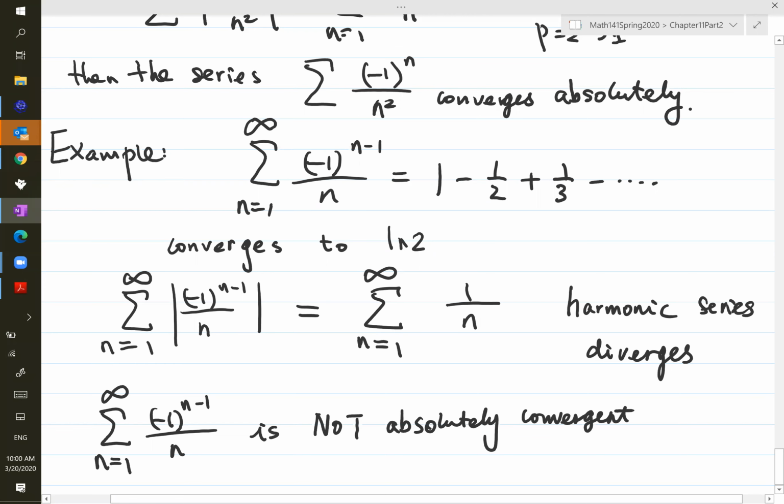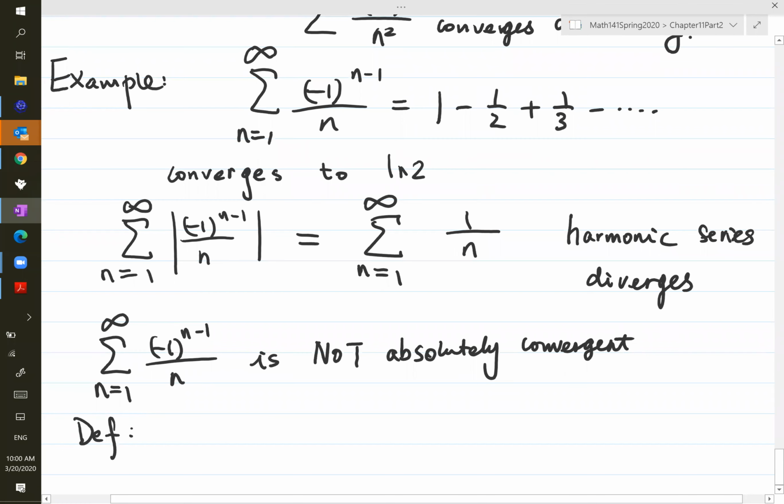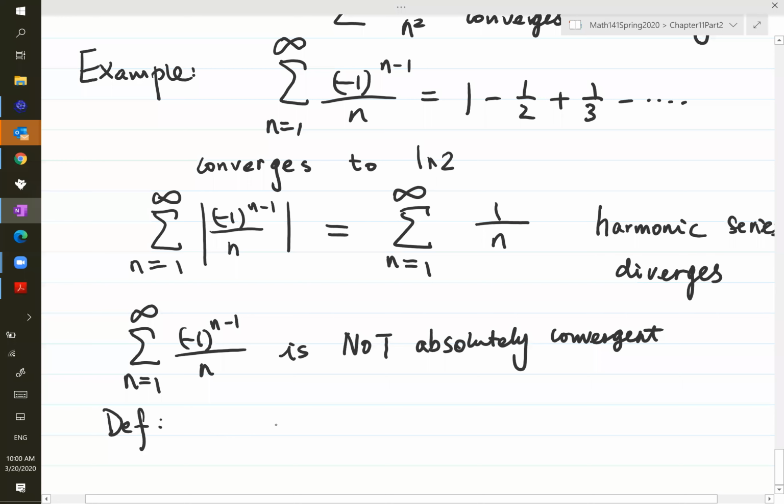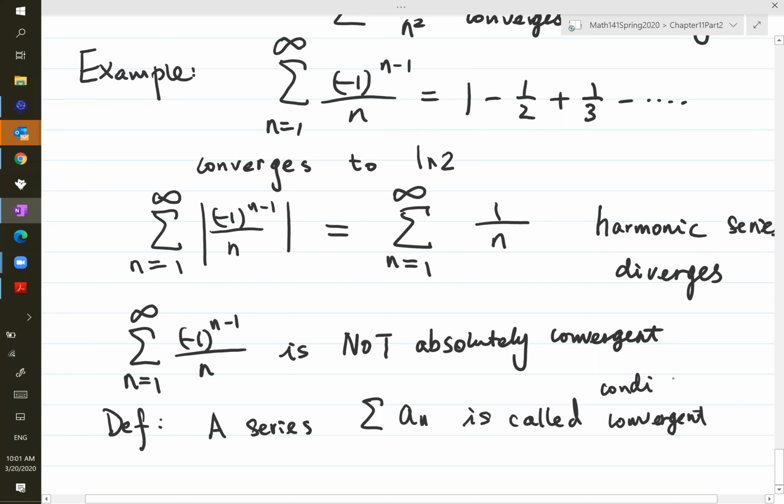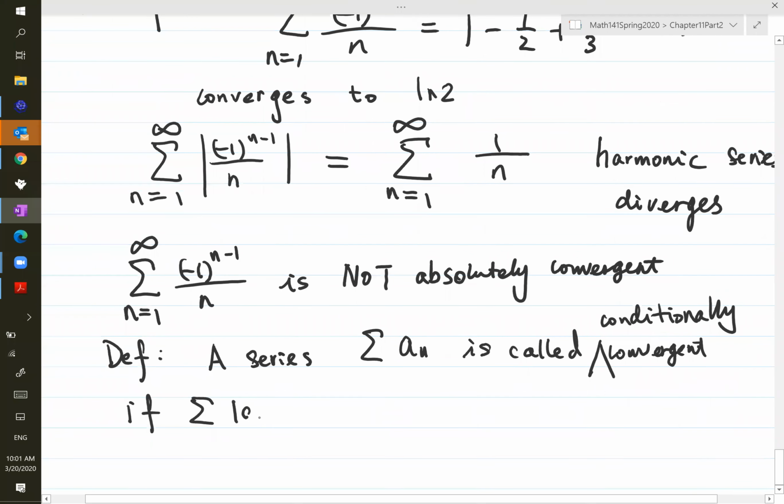Okay, we give a definition. A series a_n is called conditionally convergent if it converges but does not converge absolutely.